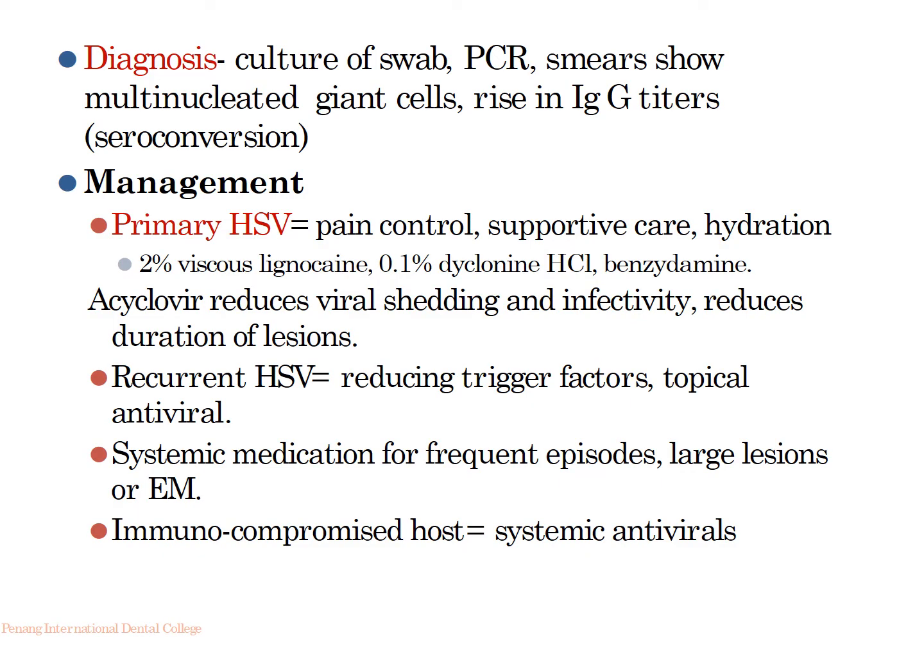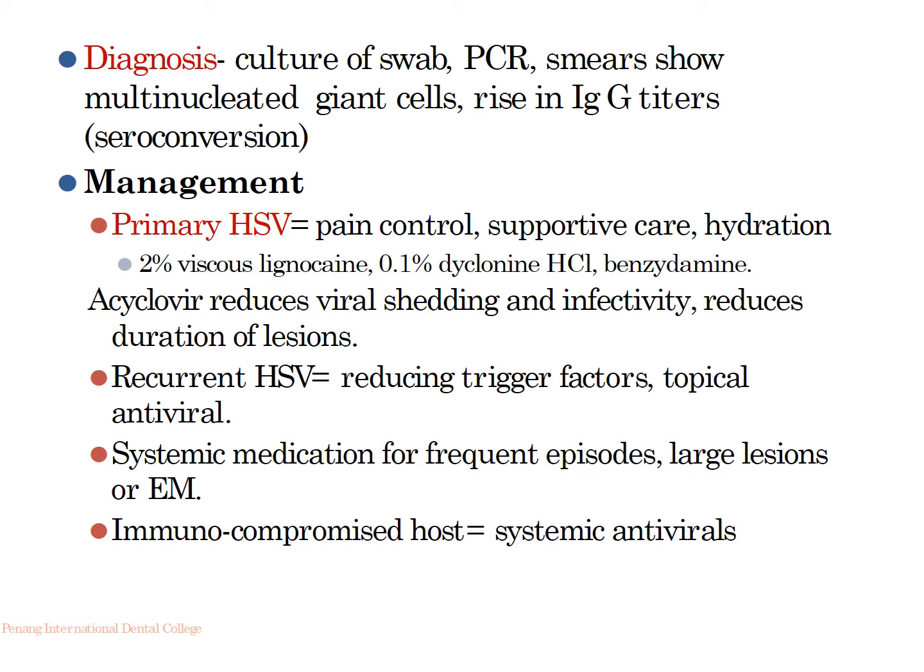So, how do you diagnose herpes ulcers? You could do a culture of a swab, a PCR test, or smears which show multinucleated giant cells, and there is a rise in IgG titers. But generally, diagnosis is done clinically because the infection is of short duration, and by the time the culture results arrive, your patient would already be in a healing phase.